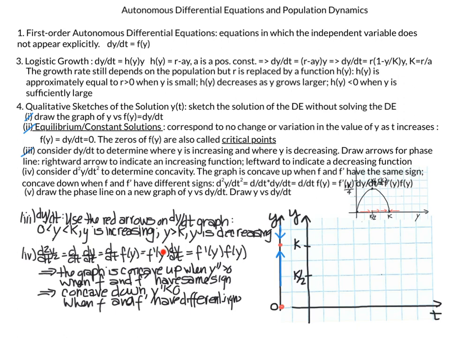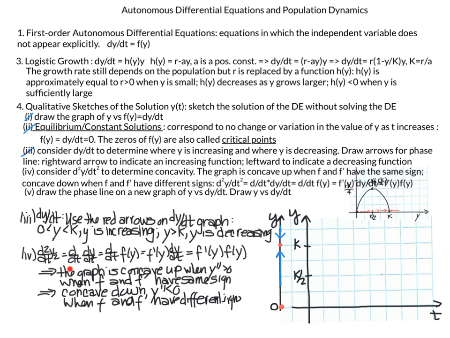Again, by the chain rule, after I take the derivative f prime of y, I have to take dy/dt. And so now this is equal to f prime of y, and then again, dy/dt is just f(y). So d²y/dt² is equal to f prime of y times f of y.